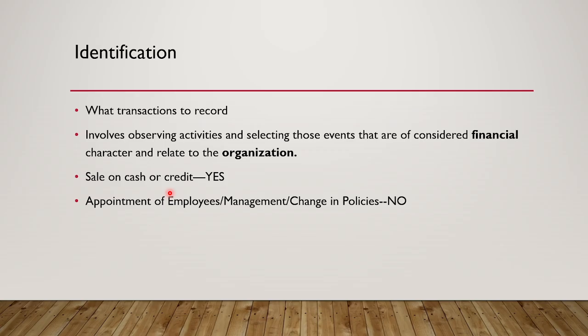So they have not paid me immediately. That is what is known as credit, that I have sold some goods, in my case chairs, where I have not got the cash, but in the future I'll be getting the cash. So that is called credit. So this transaction, of course the credit one, we have to record it.